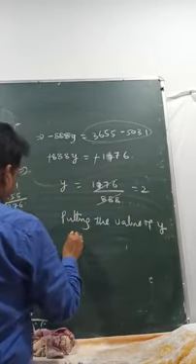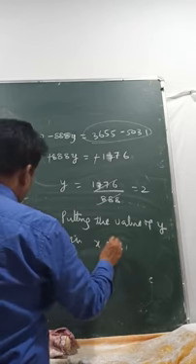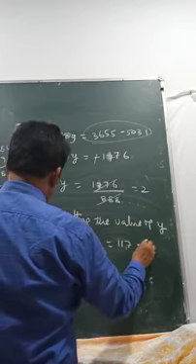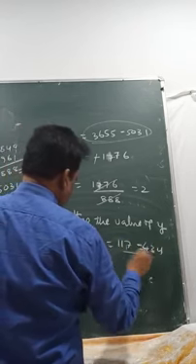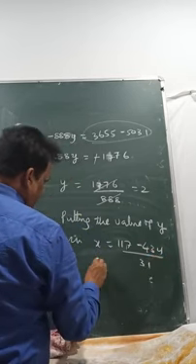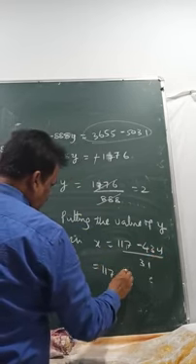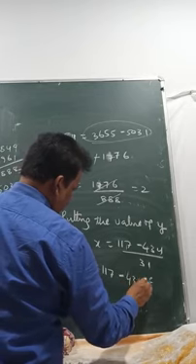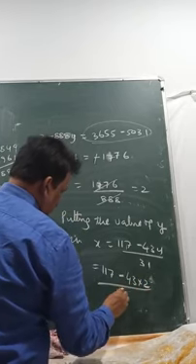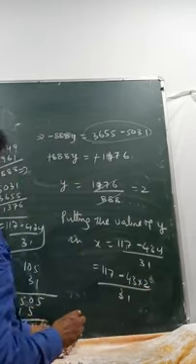Now putting the value of y in x equals to (117 minus 43y) by 31. 117 minus 43 into 2 by 31. So how much you get?